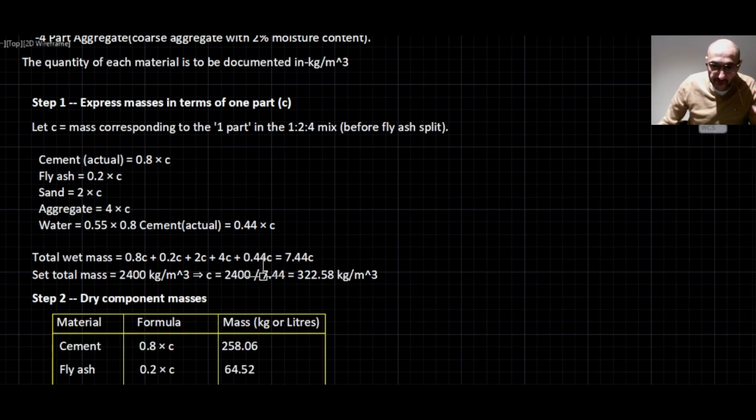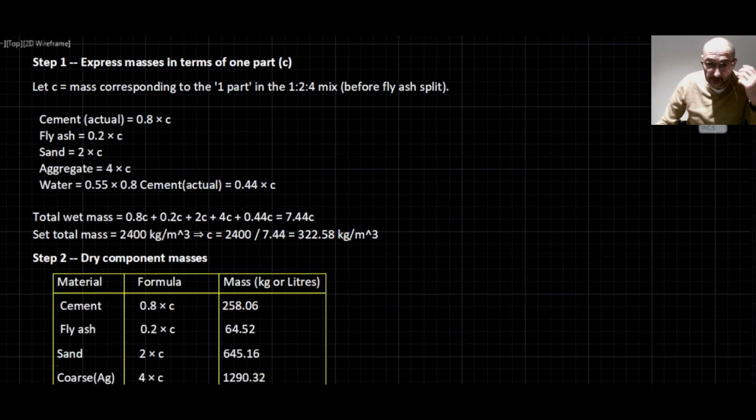If we add all of this up, it will be 7.44 C. Now, set the total mass. We have 2,400, that's the density, 2,400 kilogram per meter cube. So we divide 2,400 by 7.44. Therefore, we will get C equal to 322.58 kilogram per meter cubed.